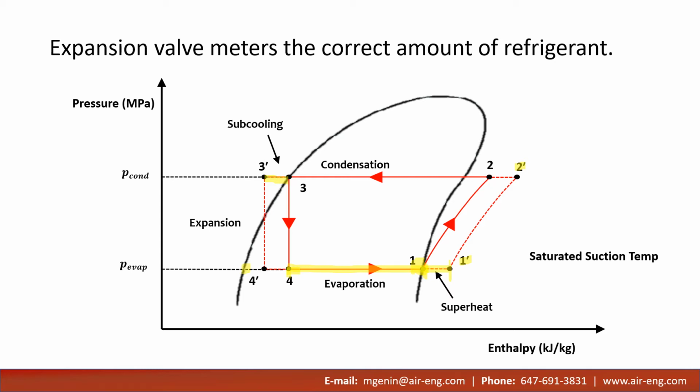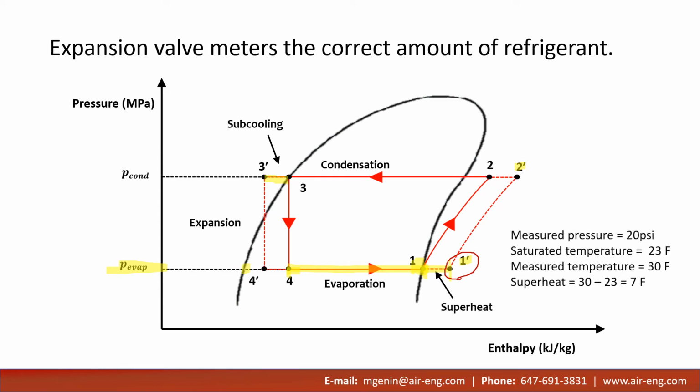So how do we measure superheat? Well, we can measure the pressure in the evaporator, P evap, and we can also measure the temperature at point 1 prime. Say, for example, the pressure in the evaporator is measured at 20 psi and the measured temperature at point 1 prime is 30 Fahrenheit.